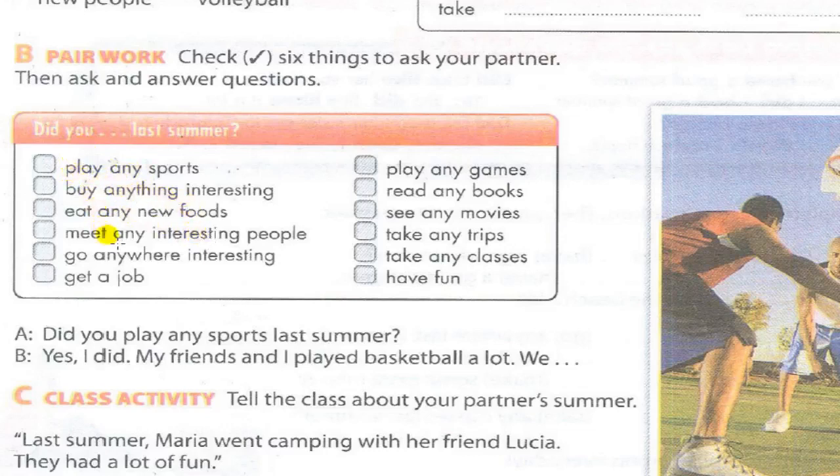After you choose these things, for example: Did you play any sports last summer? Yes, I did. My friends and I played basketball a lot. So you ask your friend a question, and your friend answers.